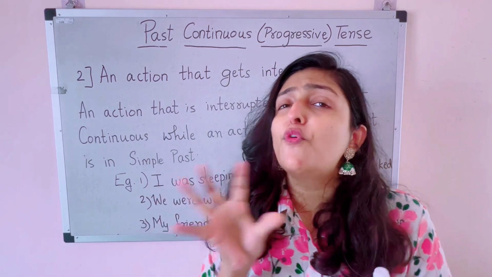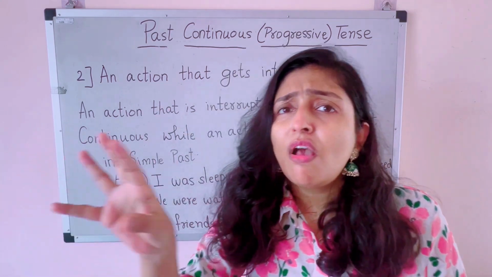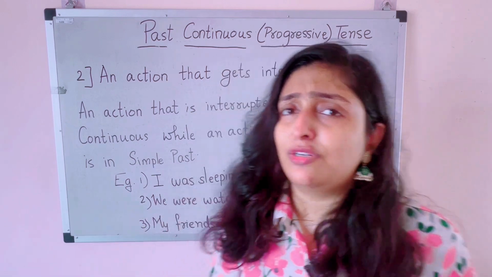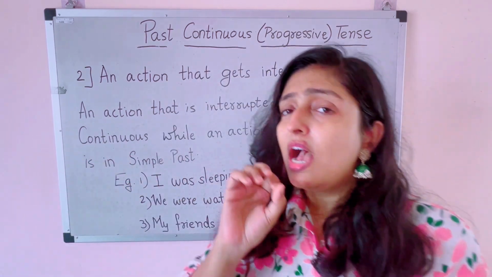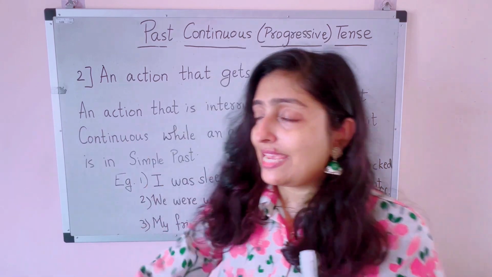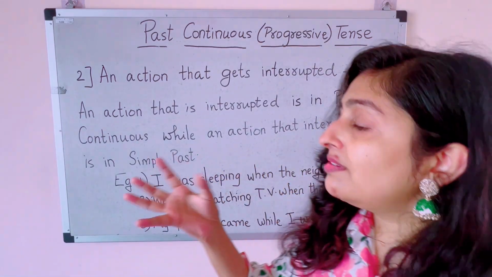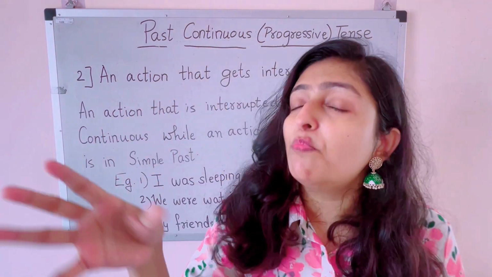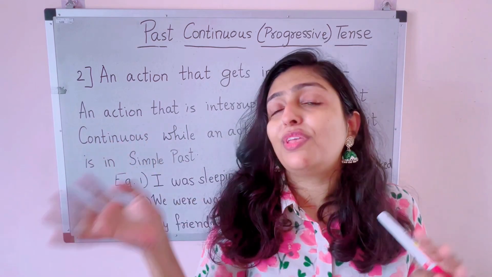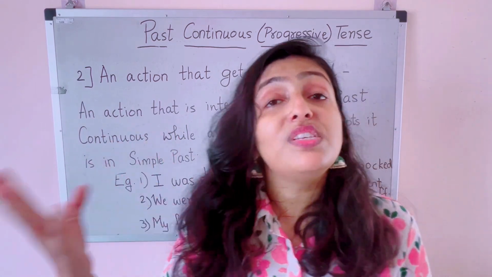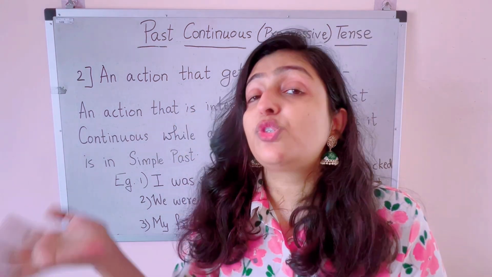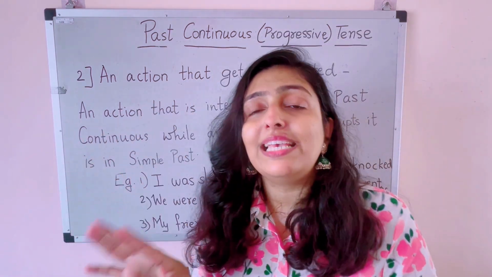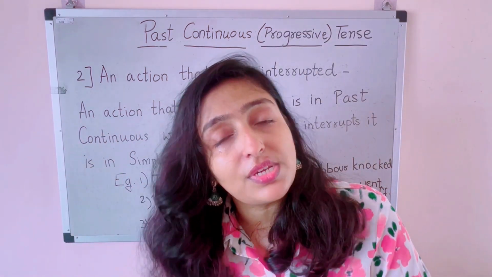A kind of break, halt, or a suspension, a temporary suspension or termination. So the action that creates the break or the halt or the interruption is in simple past, while the action which has got interrupted is in past continuous tense.